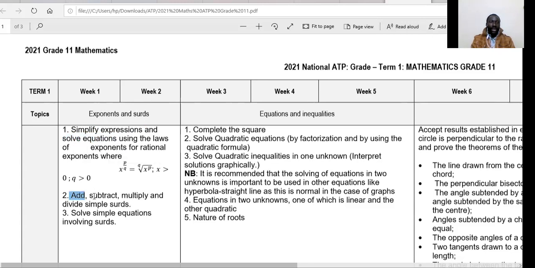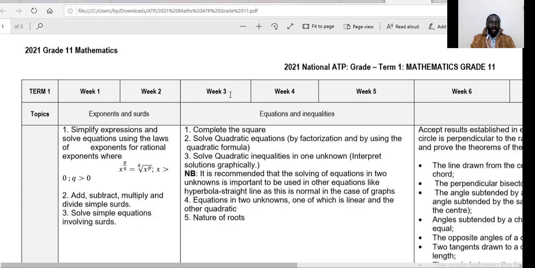Then also addition, subtraction, multiplication, and division of simple surds to include simple equations involving surds. That is what is supposed to be covered in the first and the second week of term 1.